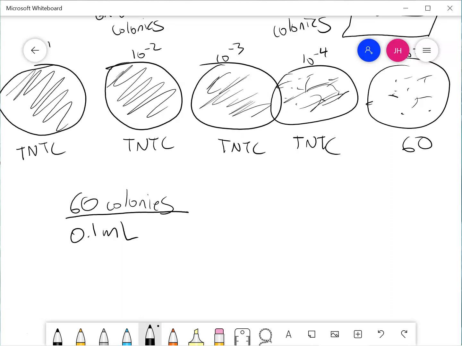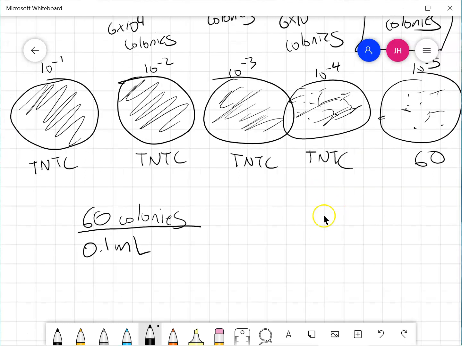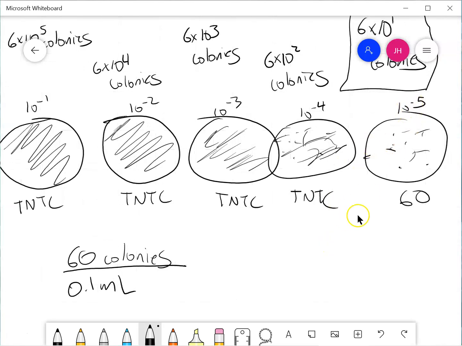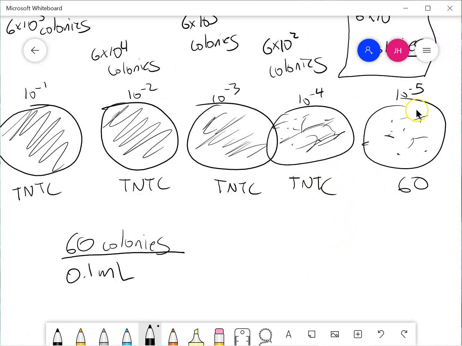And then we also incorporate this dilution factor. And so the dilution factor and the volume you added and the number of colonies is all you really need. And the way we deal with the dilution factor is we divide by it. So times 1 over 10 to the minus 5th, that's the dilution factor. And different people will do this in a different way, but they're all essentially doing the same mathematical thing.